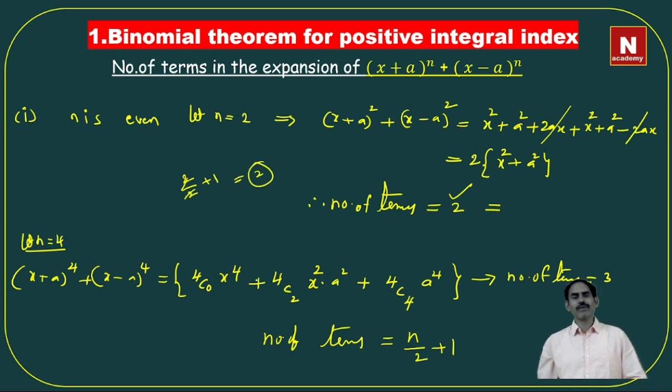So there are 2 terms. Similarly, in the second example, n equal to 4, if you substitute, 4/2 + 1 is 2 + 1, so the number of terms is 3. So when n is even, in the expansion of (x + a)^n + (x − a)^n, the number of non-zero terms is n/2 + 1. This is the formula for the number of terms in this expansion.